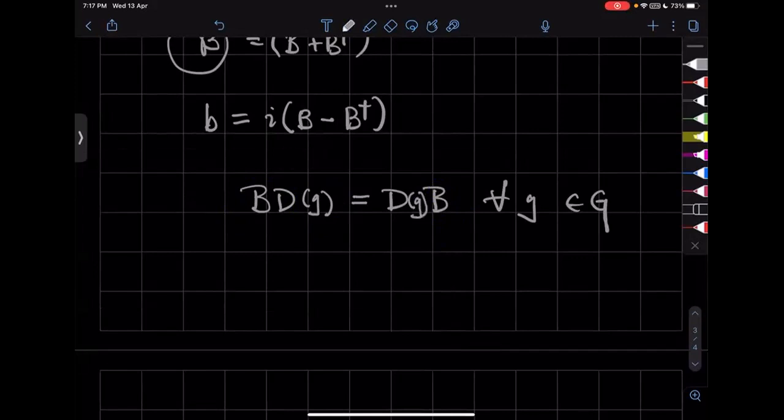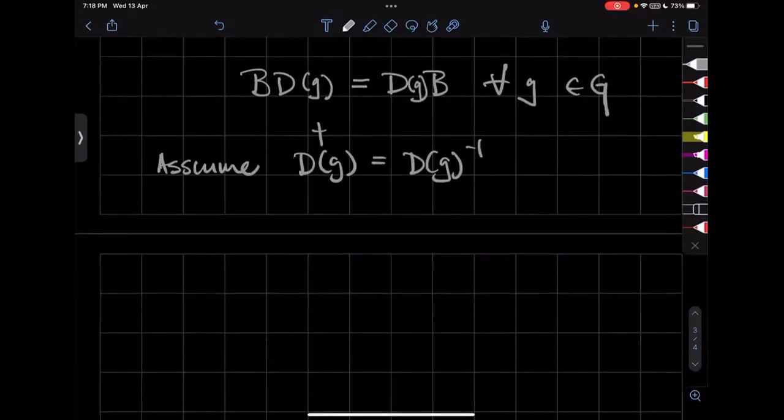Now, D is a representation, and we can assume D is a unitary representation, right? We can do that. Given a representation of a compact Lie group that is not unitary, we know how to construct a unitary representation where the matrices have the same dimensions.